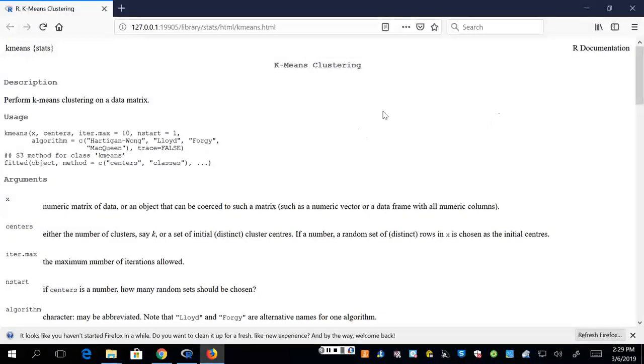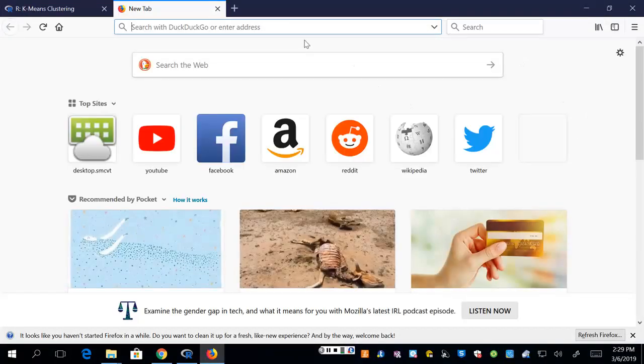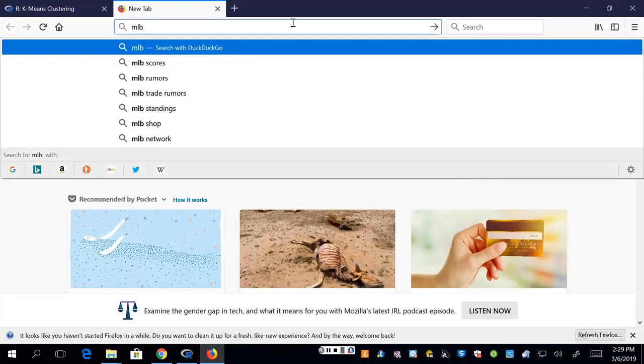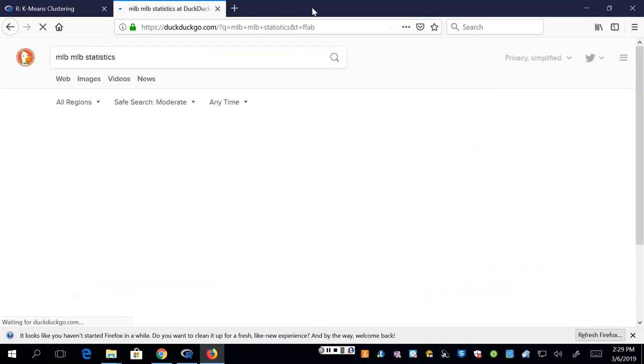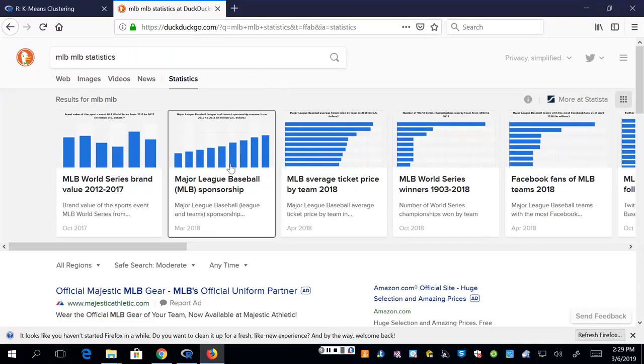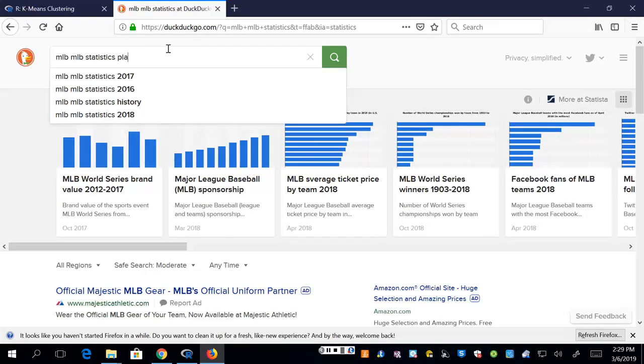For a data set, Major League Baseball, MLB.com, has a lot of good data, like player statistics.